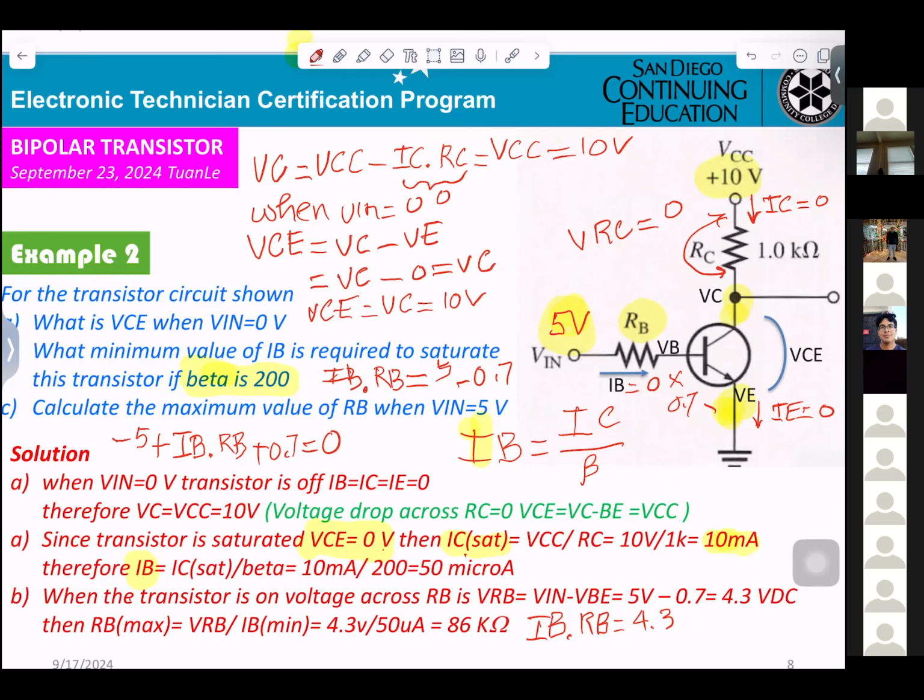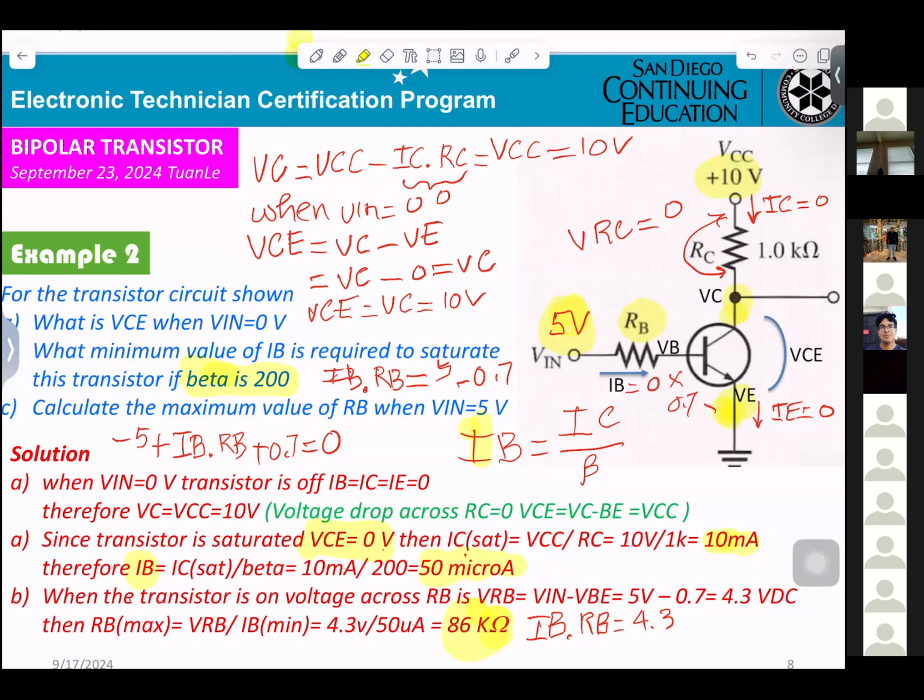Let's see, IB equals 50 microamp right here. So the answer will be 86 kilo ohm.